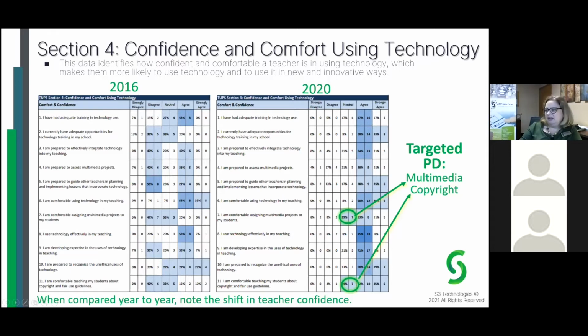They feel more comfortable with it based on the training that we did. You can also see that in the strongly disagree and disagree areas, there are very few compared to previous years. We're trying to move the teachers over to agree, strongly agree: I'm comfortable, I'm confident, I can use this, I'm not afraid of it.